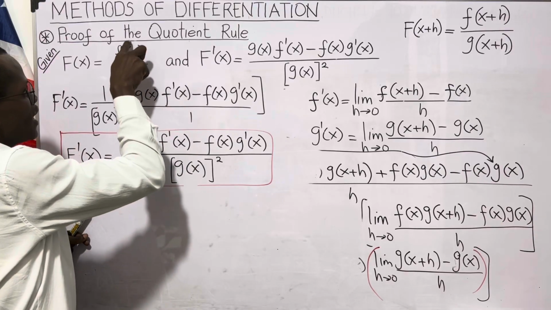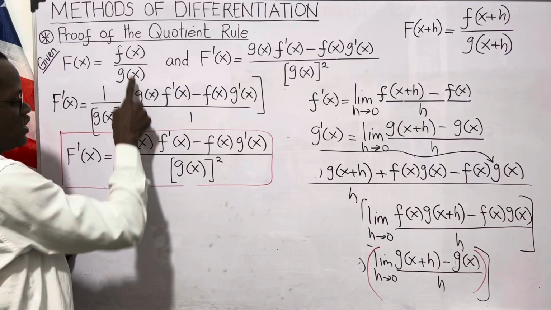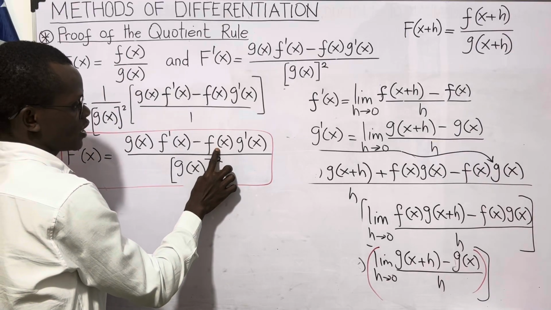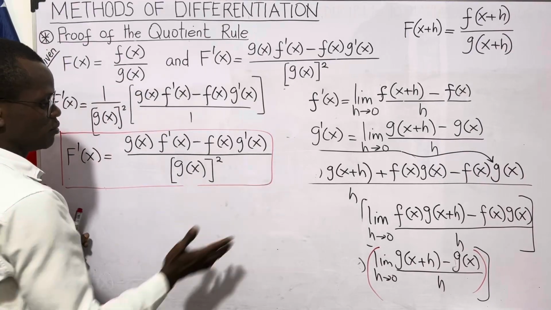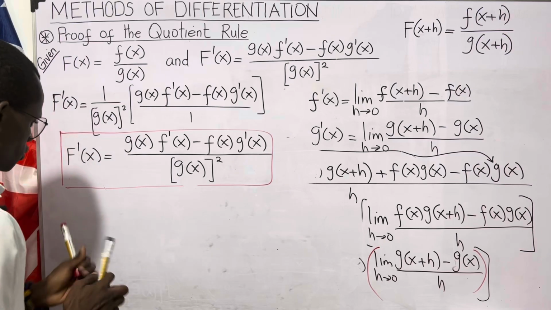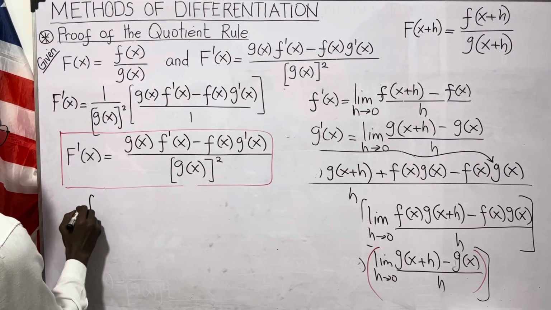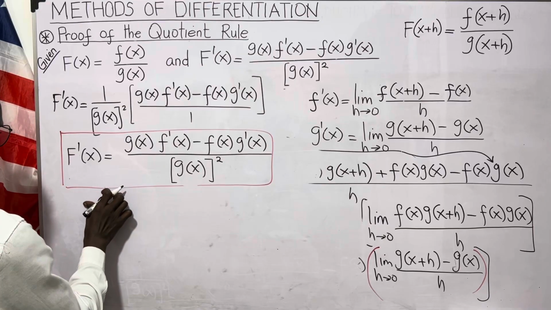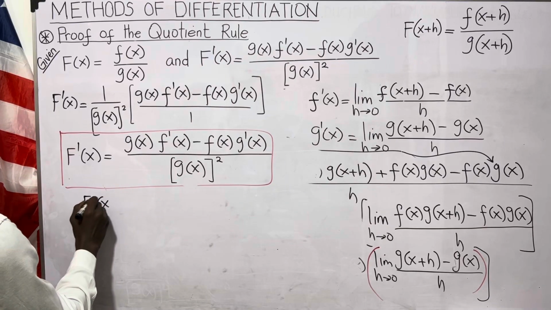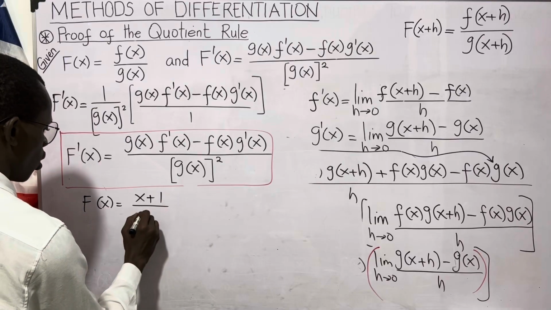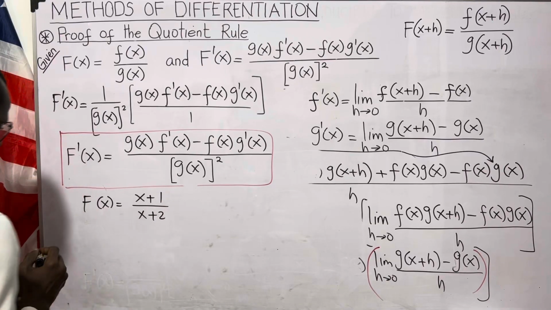We rewrite the numerator because we have initially differentiated f of x. So we just rewrite f of x, and we now differentiate the denominator. So to just show you something very simple, assuming we have f of x equals x plus 1 all over x plus 2, for example.